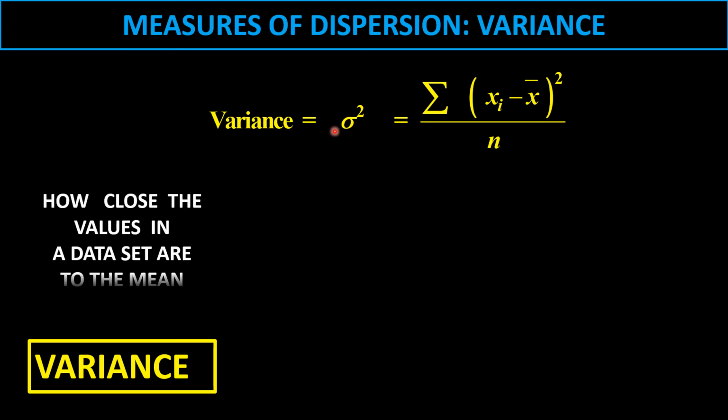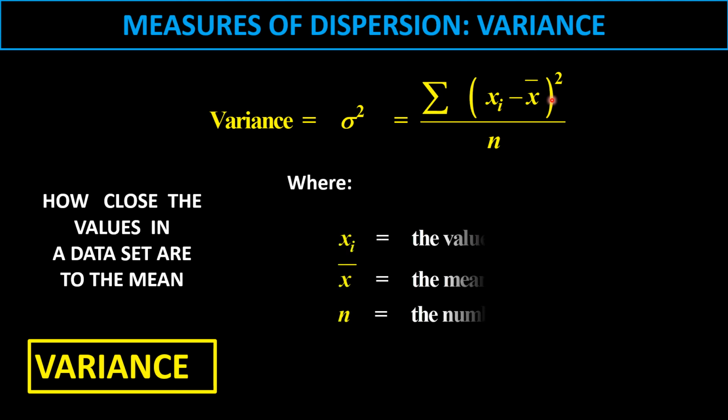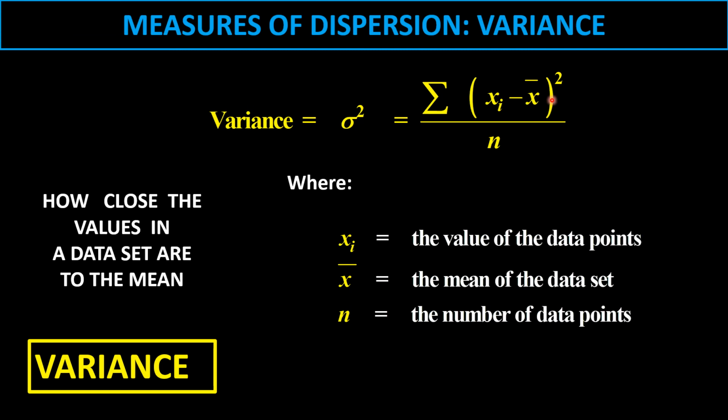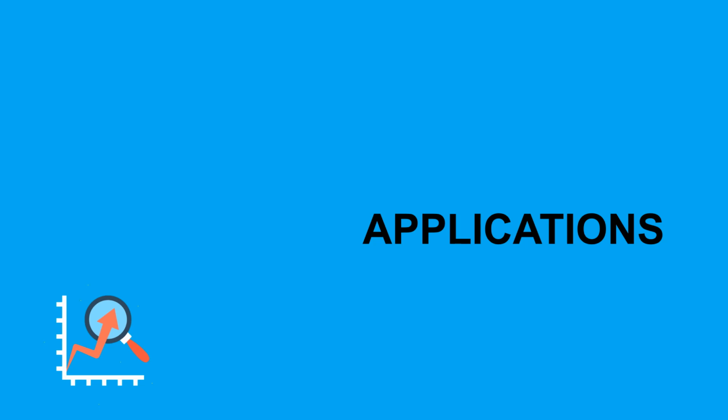Okay, and that also is a measure to determine how close the values in the data set are to the mean, right? But we're not going to work with the square values. We're going to work with the square root when we work with standard deviation. So it's exactly the same. Xi is your data values, that X bar there is your mean, and N is the number of data points.